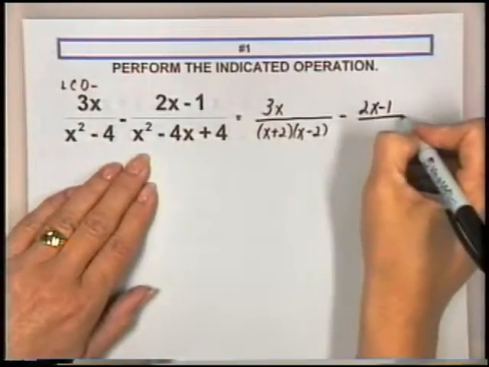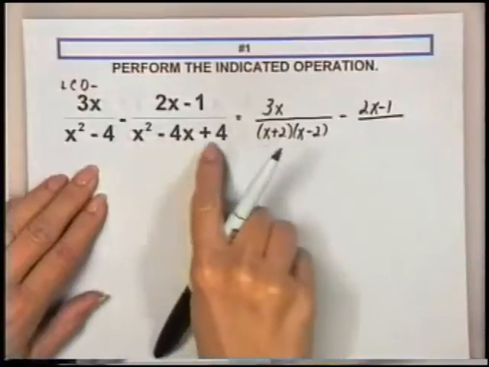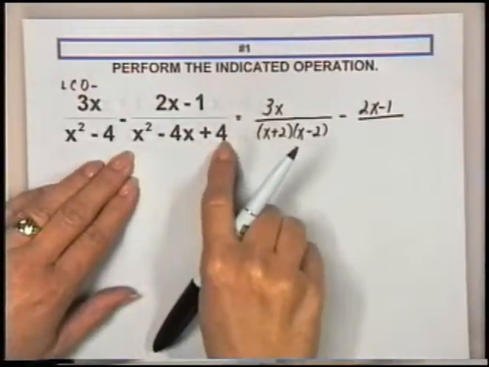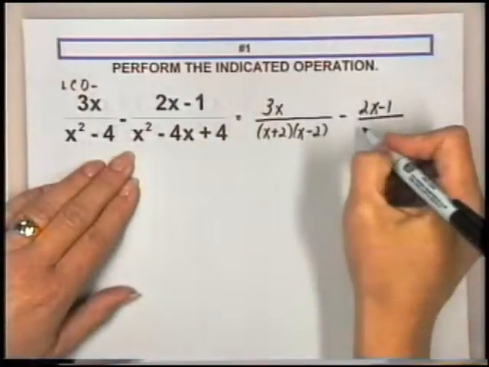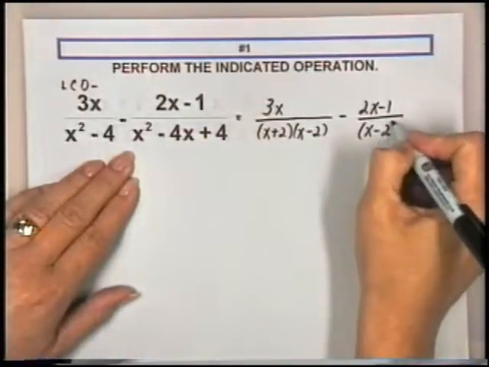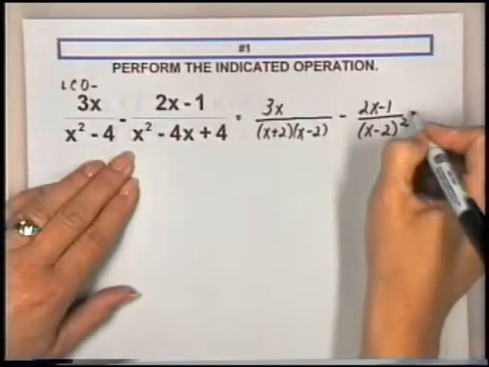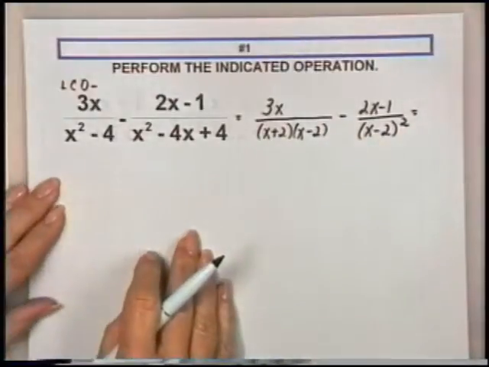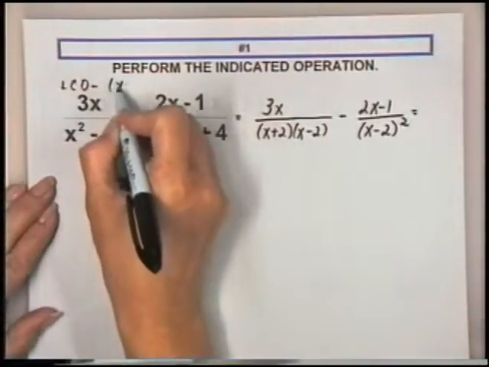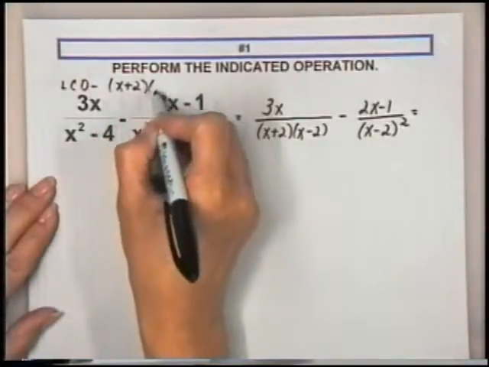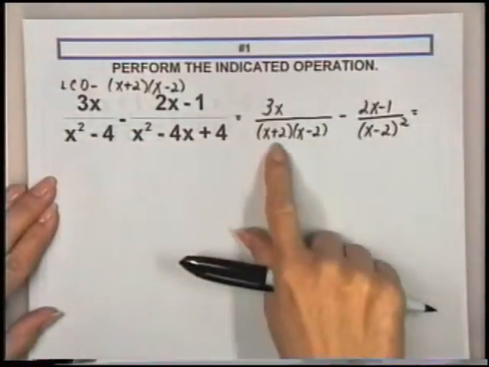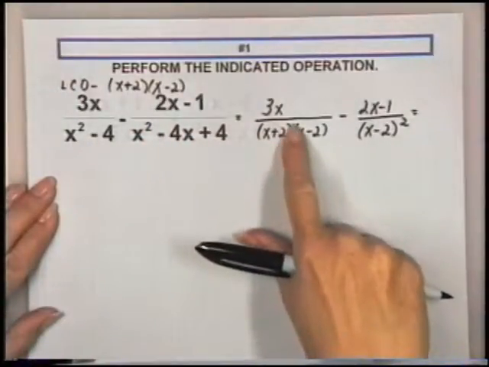I will write the second fraction. When I look at its denominator, x squared minus 4x plus 4 is a perfect square trinomial. It will factor as x minus 2 squared. When I find the LCD, I need each different factor, which would be x plus 2 and x minus 2.